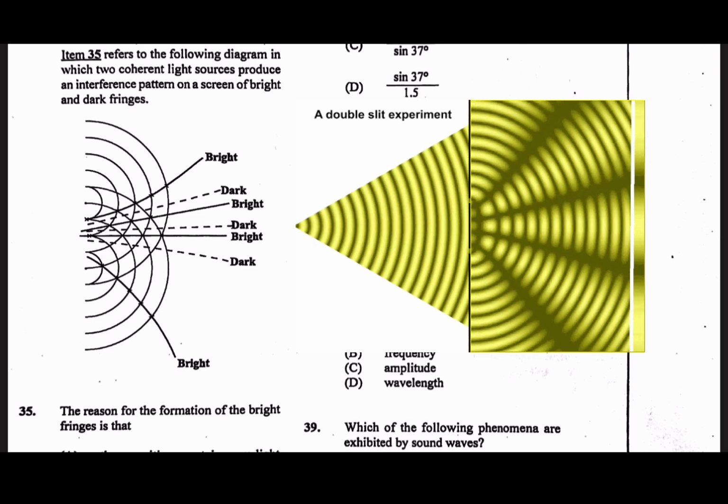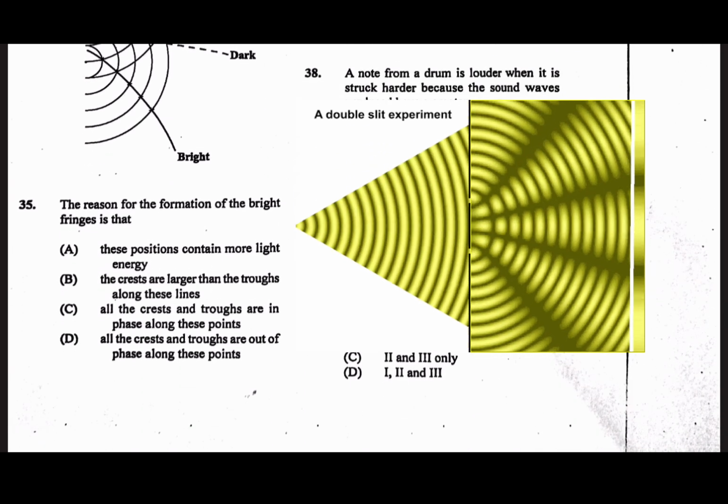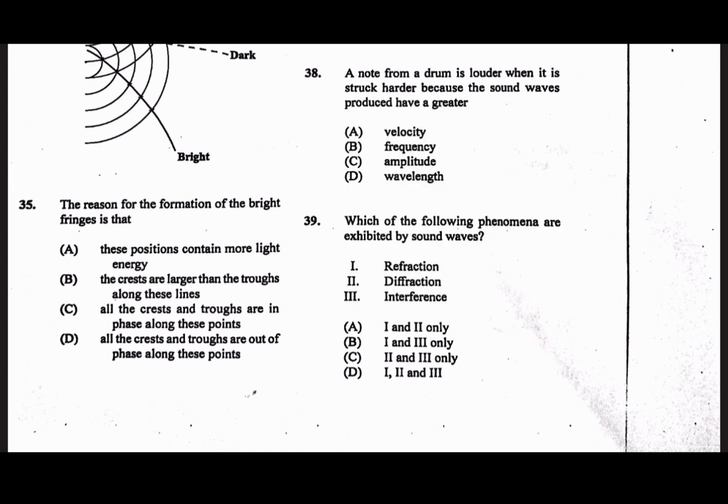So they would cancel each other off. So the reason for the formation of bright fringes would be that all the crests and troughs are in phase along these points. That's the answer. If you are wondering what a crest is and what a trough is, a crest is basically the top of a waveform, and the trough is the bottom of a waveform.